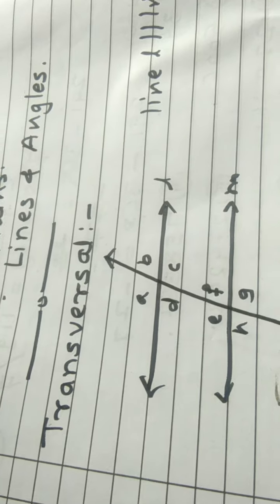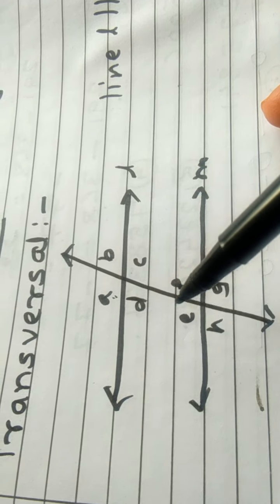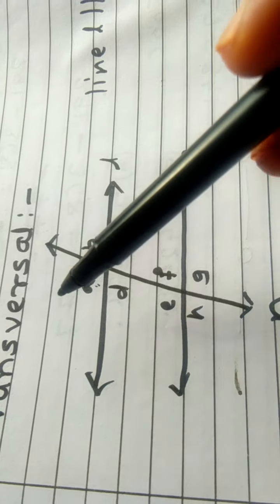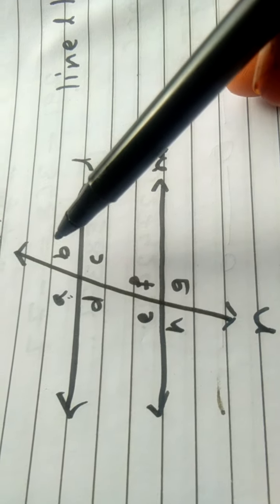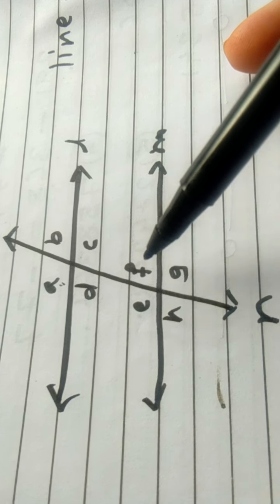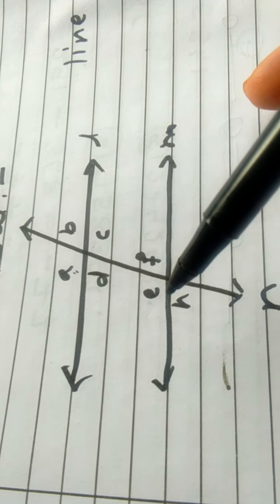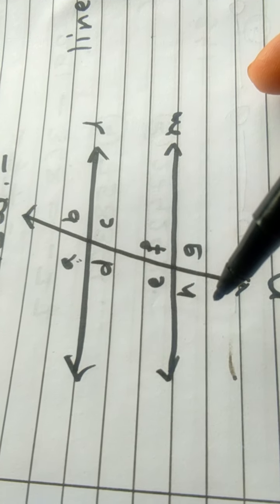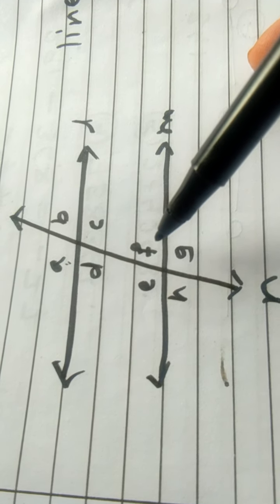See, angle A and angle E are corresponding angles. Angle B and angle F are also corresponding angles above lines L and M. Below, D and H, C and G are the pairs of corresponding angles.